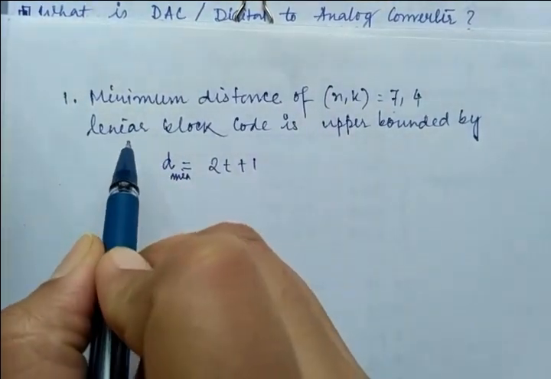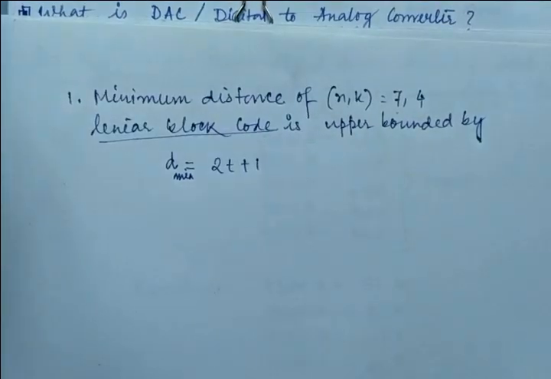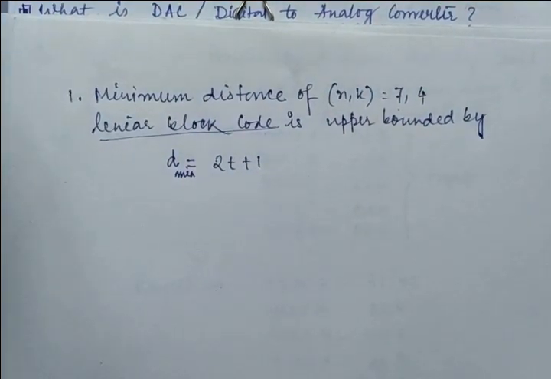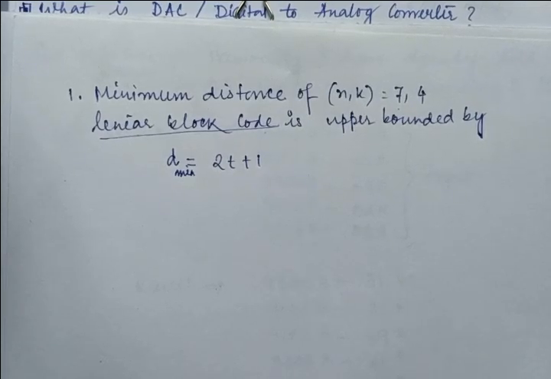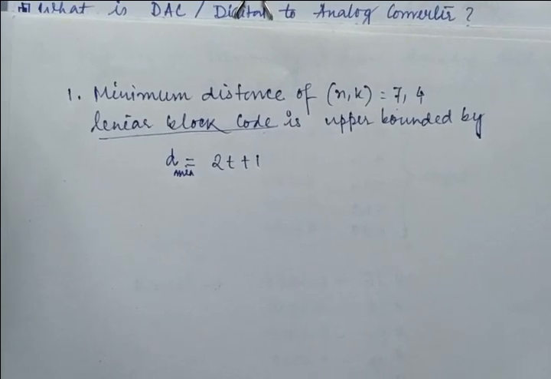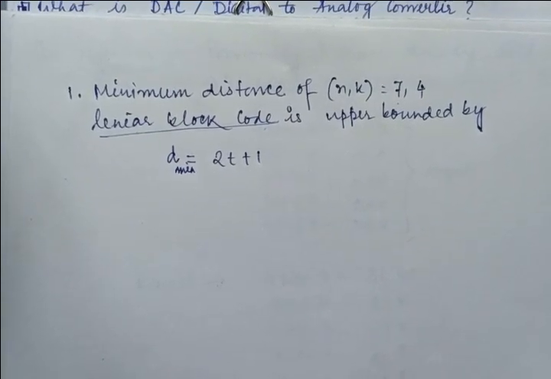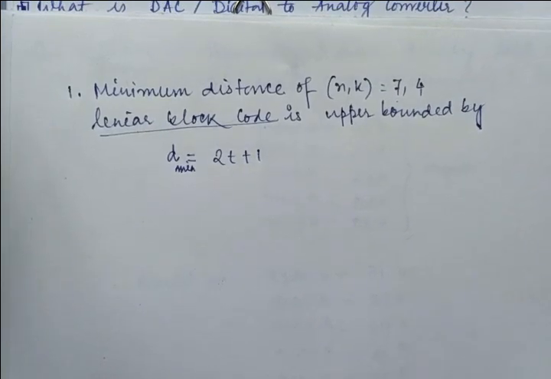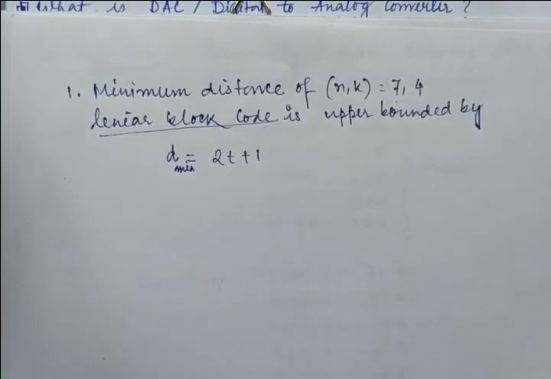And how can you put the value of t? The question is given as a linear block code, right? We have already taught that linear block codes and cyclic codes are all single error correcting codes, and the more advanced code, that is BCH code, is a multiple error correcting code. But we are discussing linear block code or cyclic code, that is nothing but a single error correcting code, right?